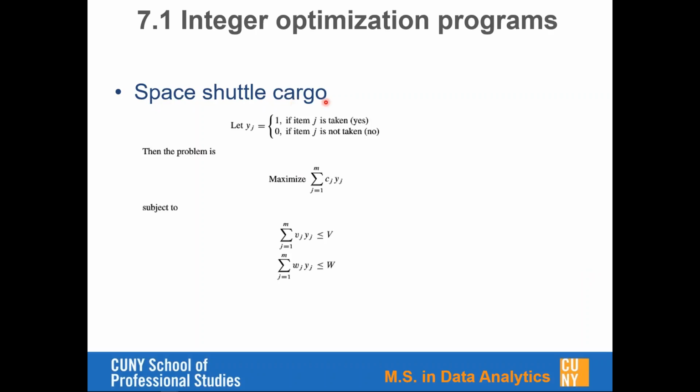In this space shuttle cargo example, this big V is really the volume constraint, because if you take item j, you take certain space, which is a smaller v_j. You can decide which one you're trying to take. You can either take y_j equal to 1 if item j is taken, otherwise it's 0.